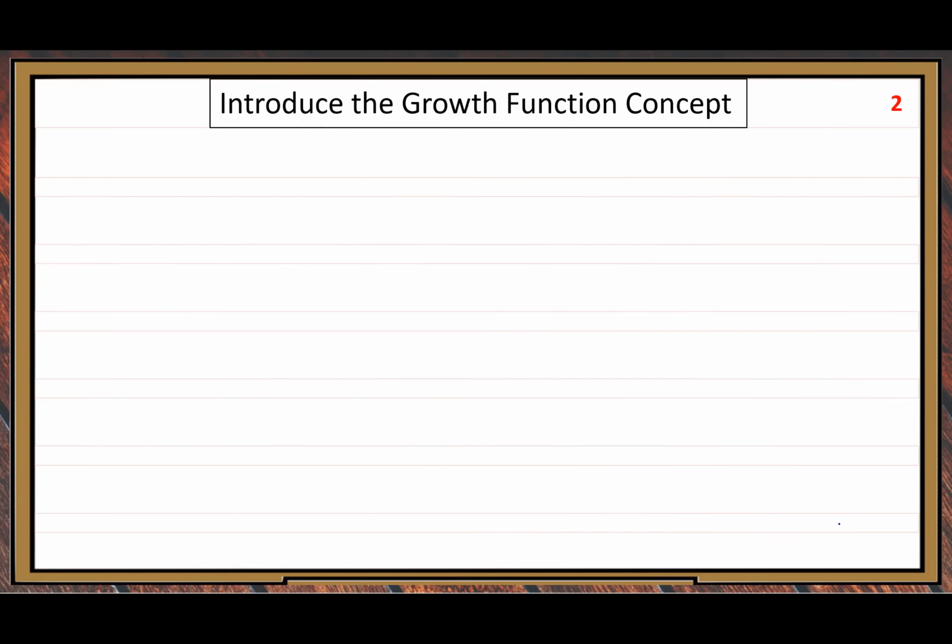Now we are ready to look at the growth function concept, because in this concept we need to ignore that constant coefficient. What is the major term in an efficiency function? Major terms and minor terms.